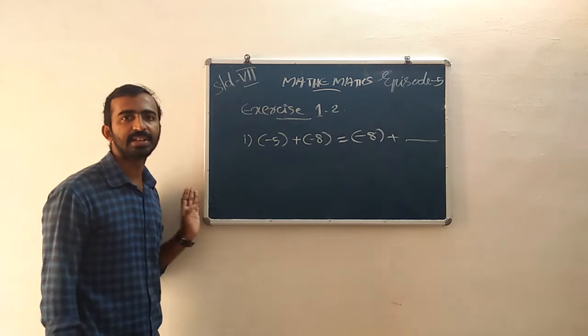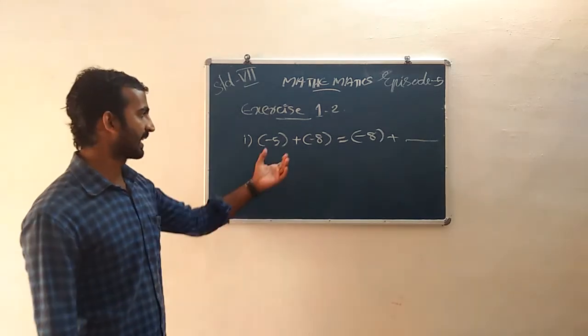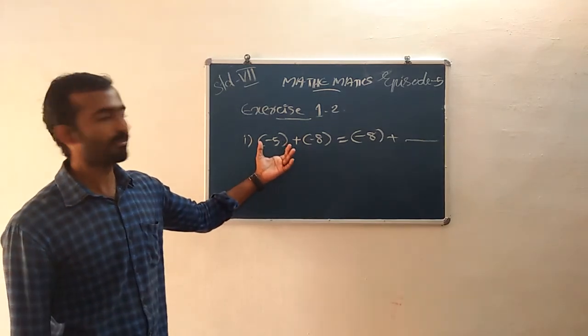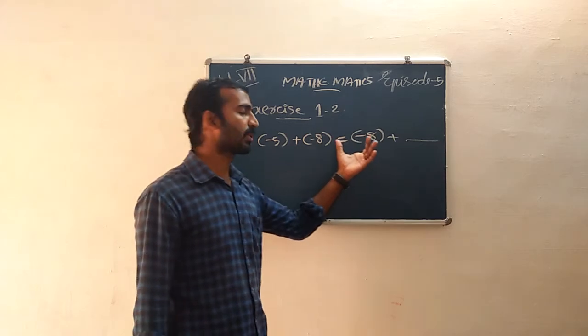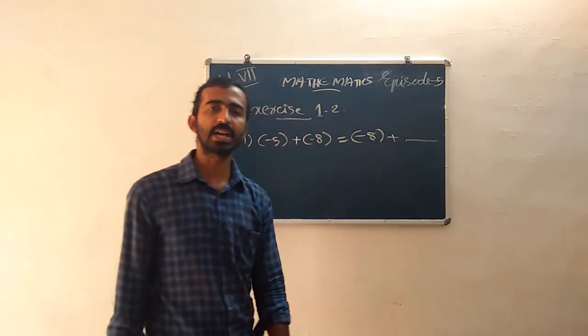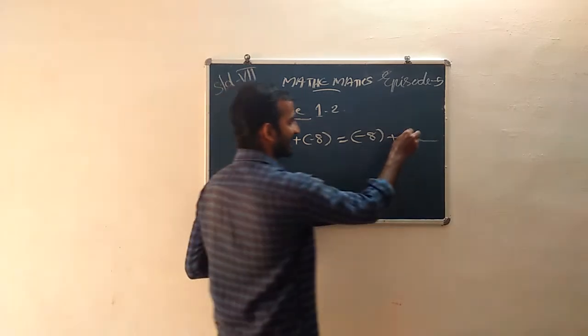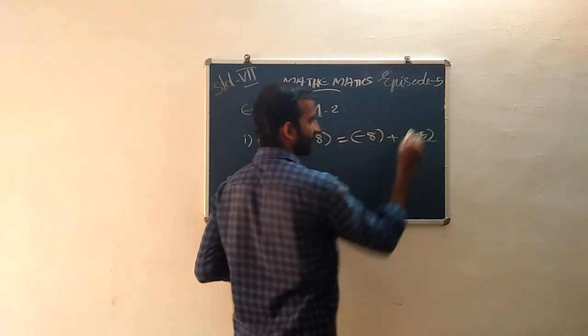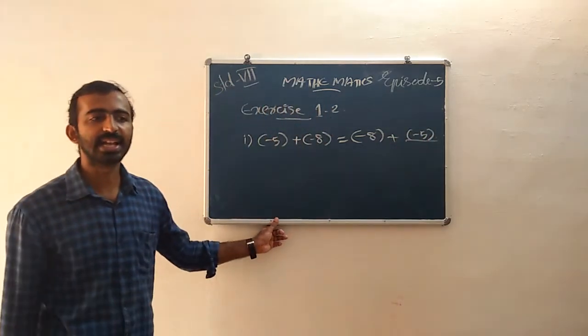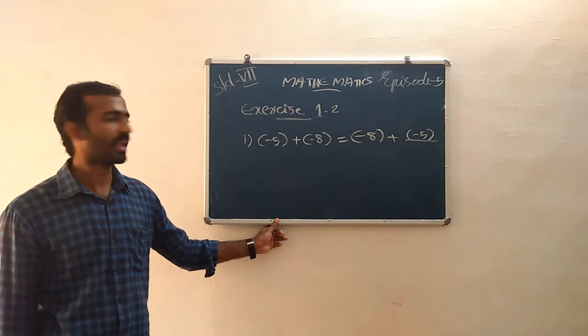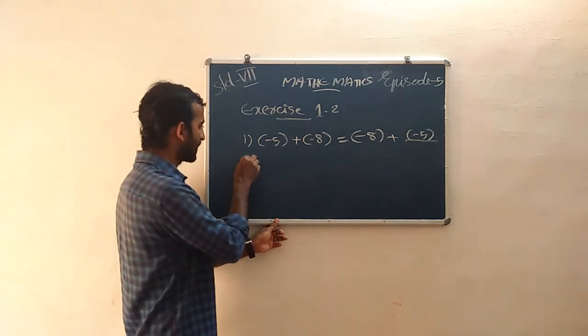What is the answer? Anyone can say? Here the left side is negative 5 plus negative 8, equal to negative 8 plus dash. That is, the answer is negative 5.